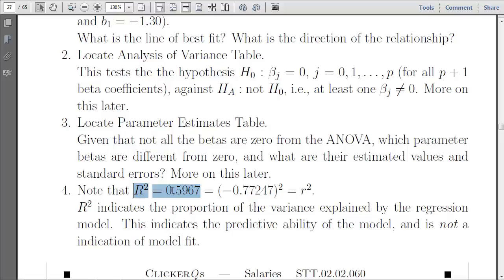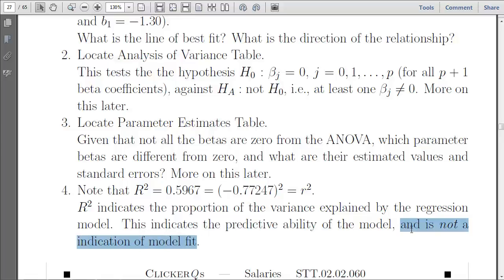What does R-squared mean in terms of how do you use R-squared? It indicates, and this is really important, the predictive ability of the model. Meaning if R-squared is very high, your model is likely to give you pretty good predictions. It is not an indication of whether your model fits the data or not.